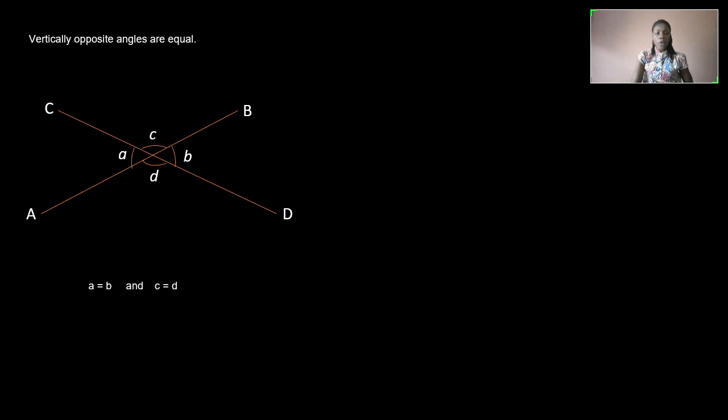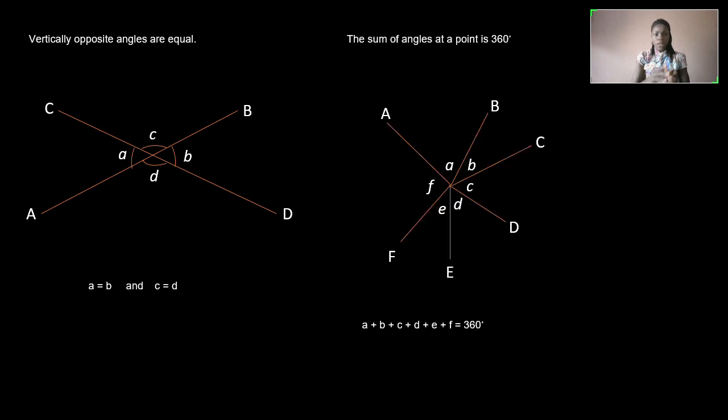So the next one we have is the sum of angles at a point is equals to 360. Whenever we talk of a point, we mean a circle.